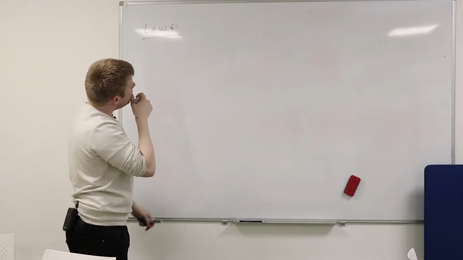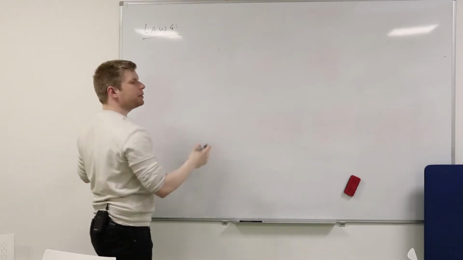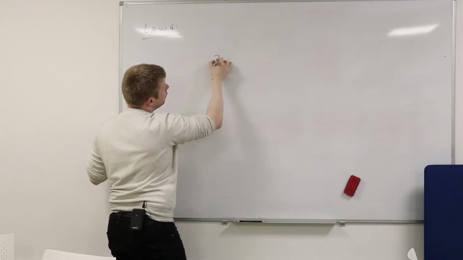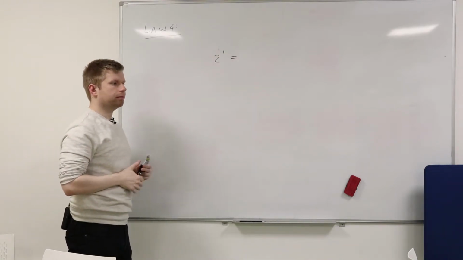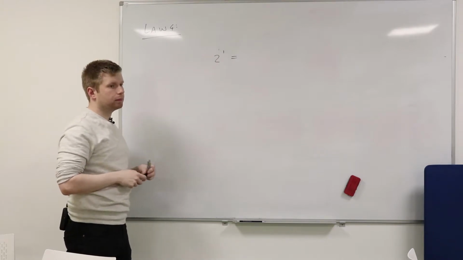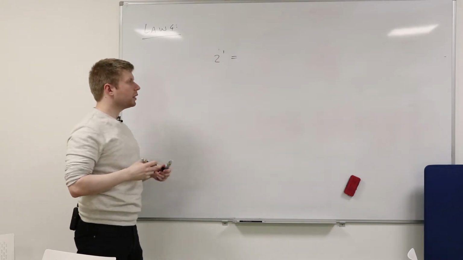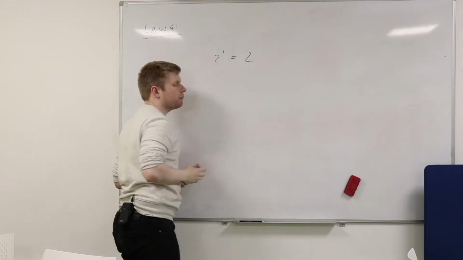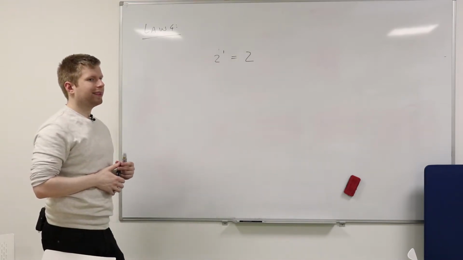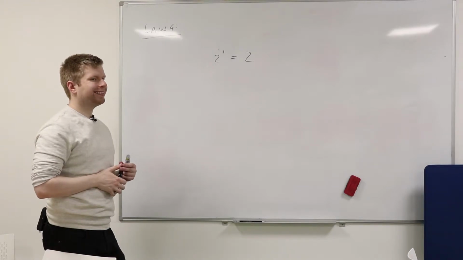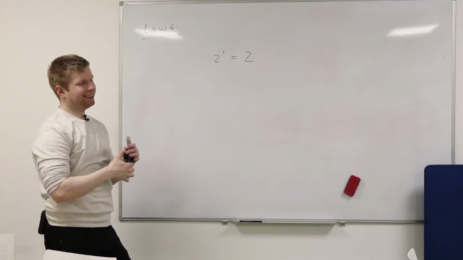What would this be equal to? 2 to the power of 1. 2. Why? Because something to the power of 1 equals itself. Why? Because that's just what you've learned, right? Okay, that's fair enough.